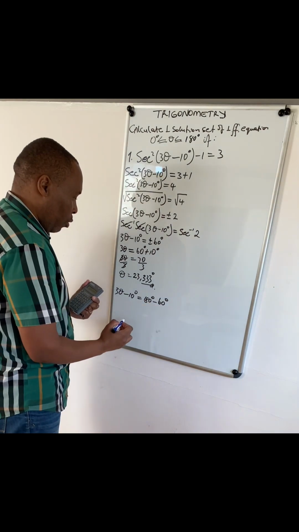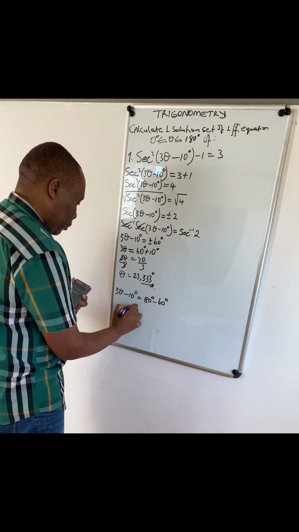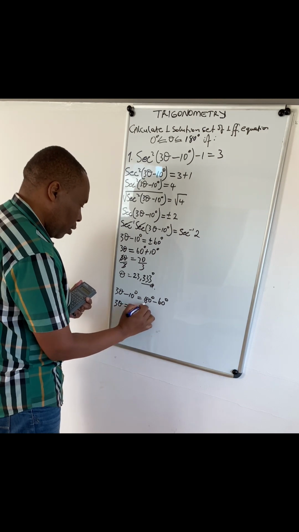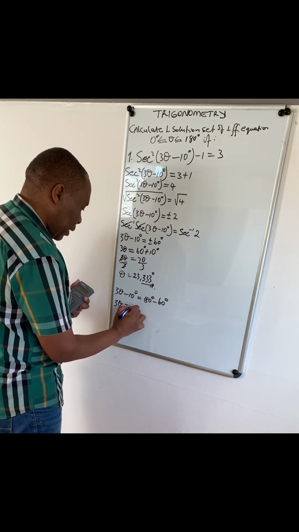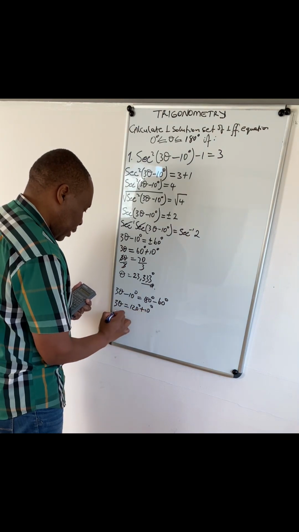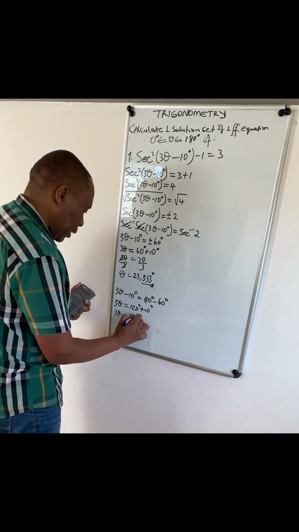This is the second quadrant. So 3 theta will be equal to 180 minus 60, which is 120 degrees, plus 10 degrees, and 3 theta is equal to 130 degrees.